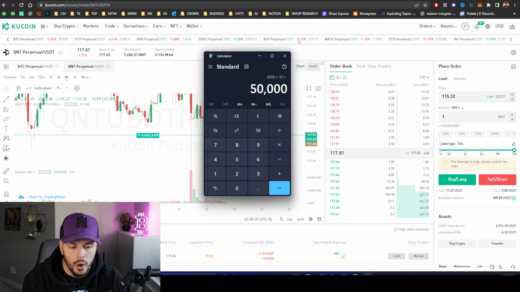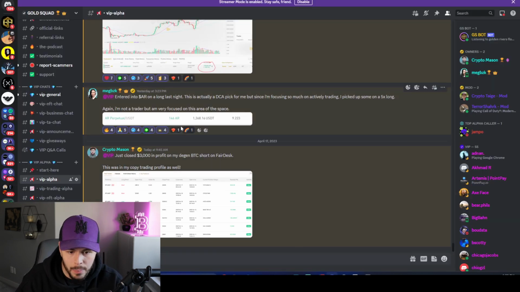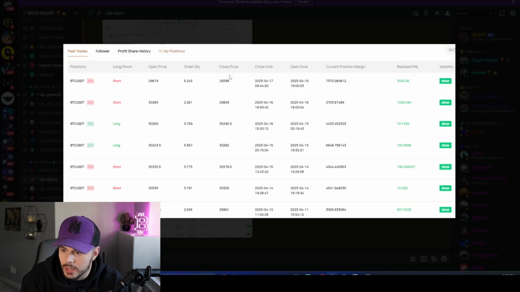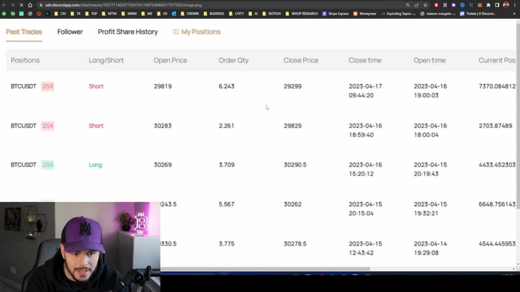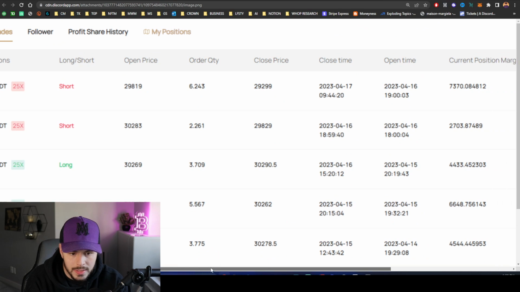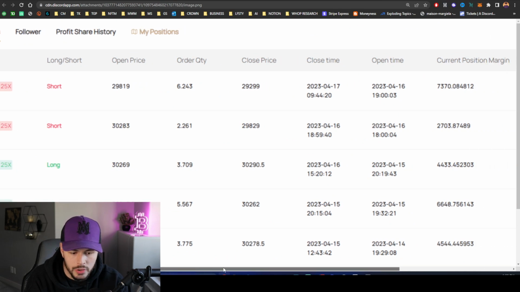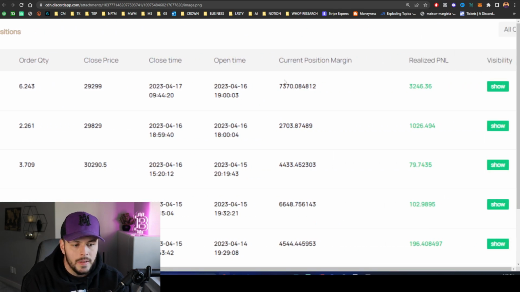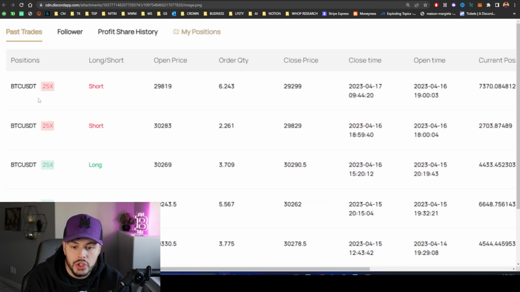Over on Fairdesk, a different exchange, I'm doing 25x longs. I put that in right here. Here's some of my longs on Fairdesk. Let's take a look at this. Up here, at this top one, you can see my actual amount of money I put in. I put in $7,370, but I used 25x leverage.